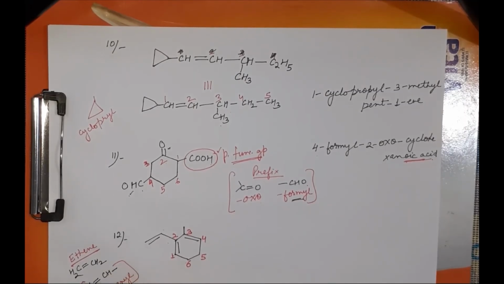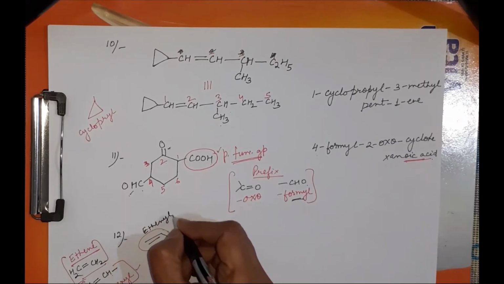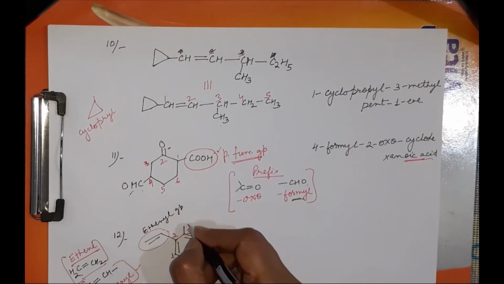So this is ethene, CH2 double bond CH2, and when we remove one hydrogen from this, it becomes CH2 double bond CH, and this is called ethenyl. This chain is the same. This is the ethenyl substituent. So while writing the name, what will be the name? We are saying this is the ethenyl group and this is the methyl group.